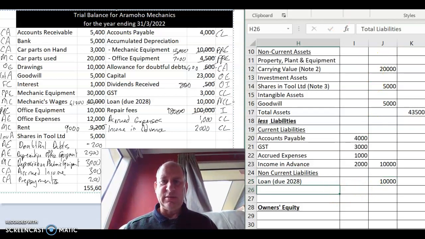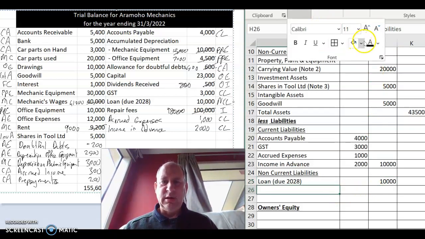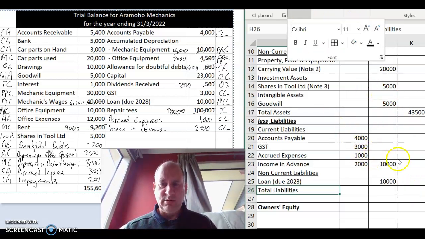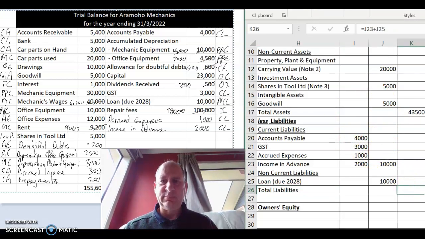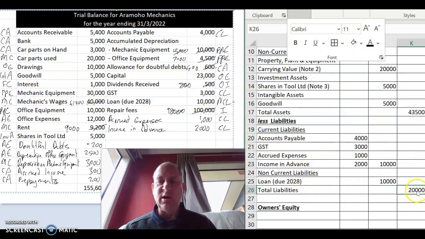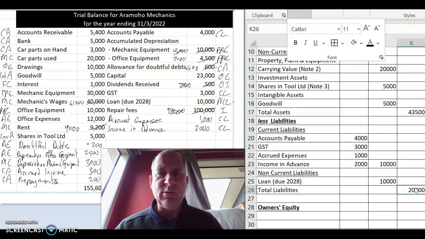And that'll give us our total liabilities. Total liabilities is important. It's the total amount of money that we owe. Let's click on the right cell. Alright, so we've got total assets minus total liabilities. Do you remember what that's called?